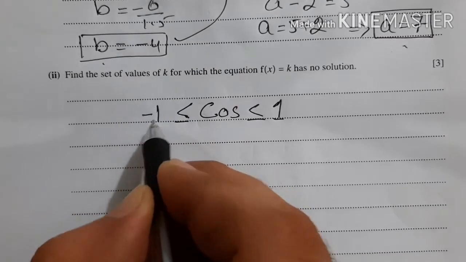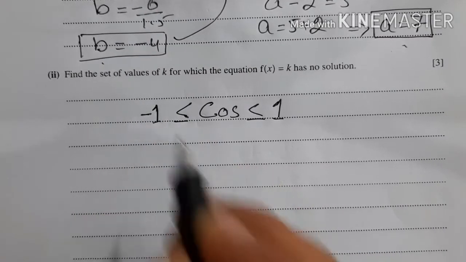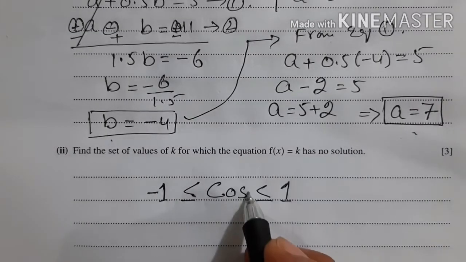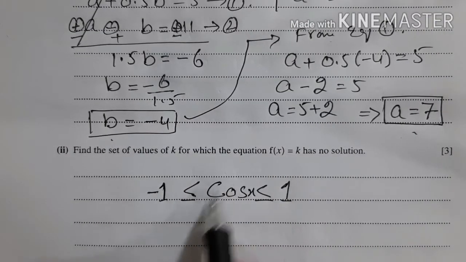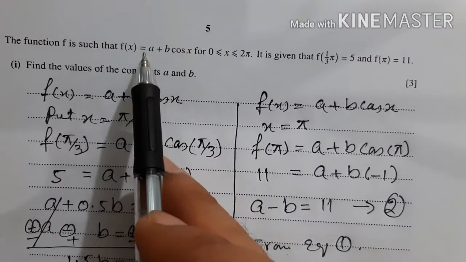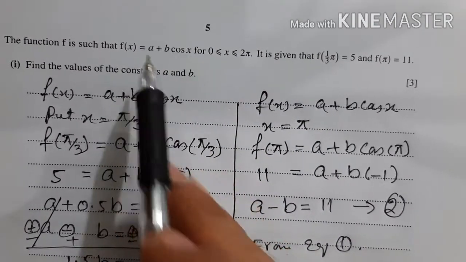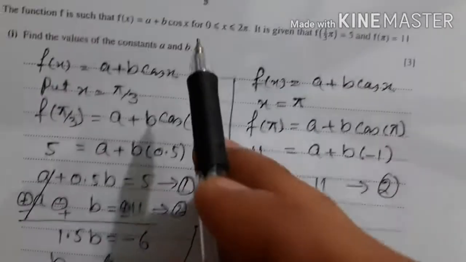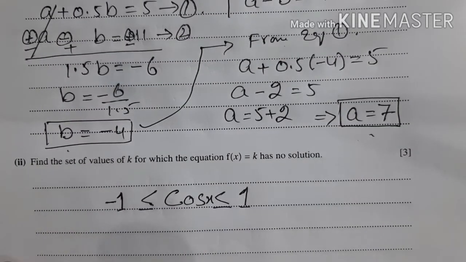If you remember the graph of cos x, you can easily see. I need to convert this cos x into the form a plus b cos x, because a is 7 and b is minus 4, so 7 minus 4 cos x.